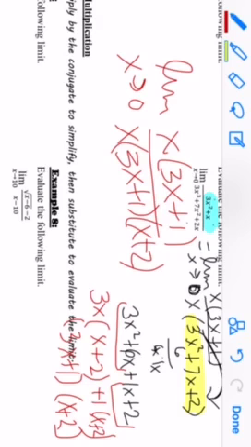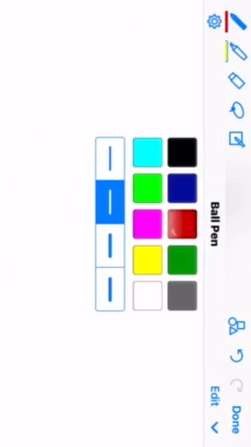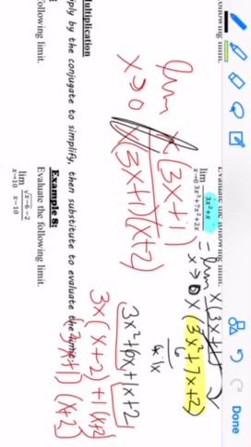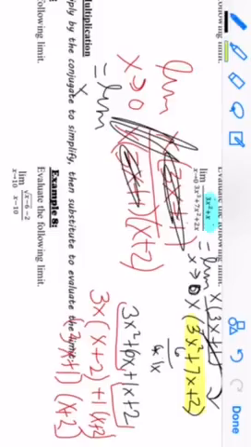There we go. All right, so now cancel out your common factors. The x's cancel, the 3x plus 1's cancel, and so we're at limit as x approaches 0 of 1 over x plus 2. Substitute in 0 and you're going to get 1/2.